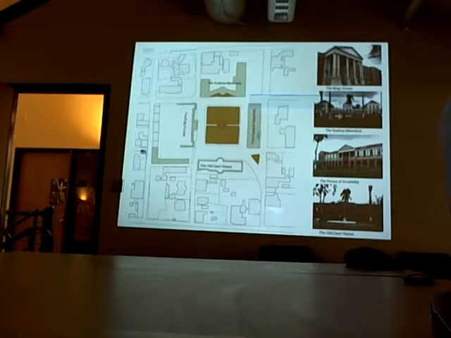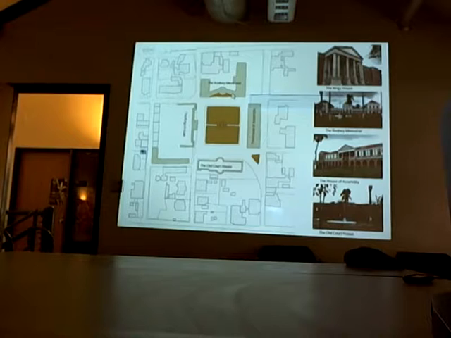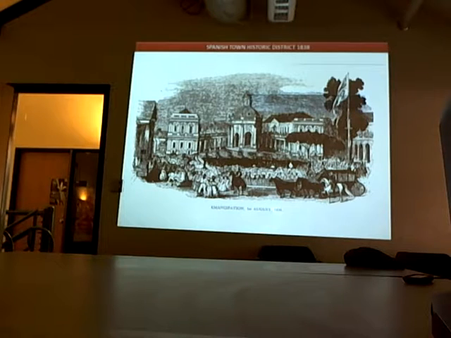So these two, the House of Assembly and the Rodney Memorial, are still there, and the courtyard itself. But the thing about it is that the Rodney Memorial is just an archive, and the other one, when the old courthouse got destroyed, became the courthouse, but it's now the House of Parliament for Spanish Town.